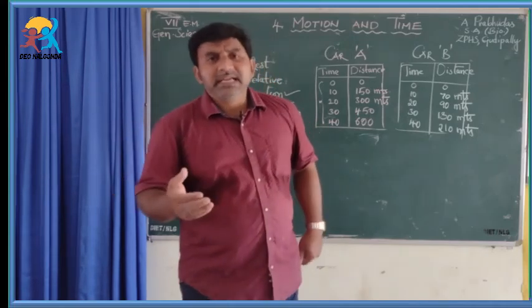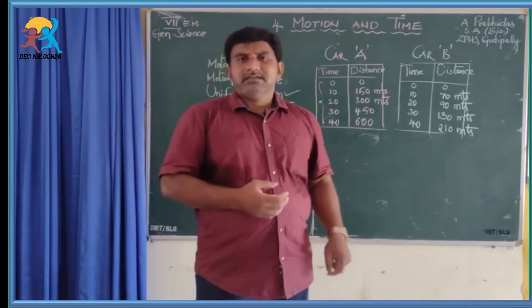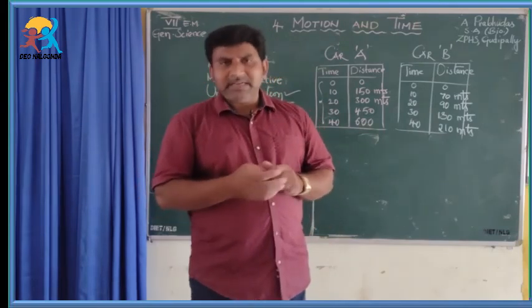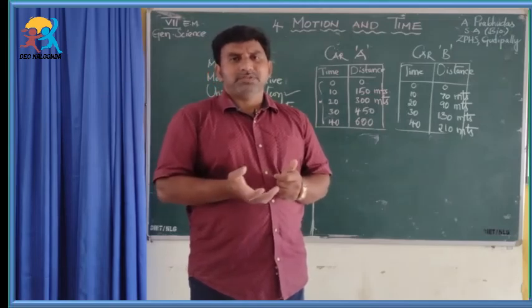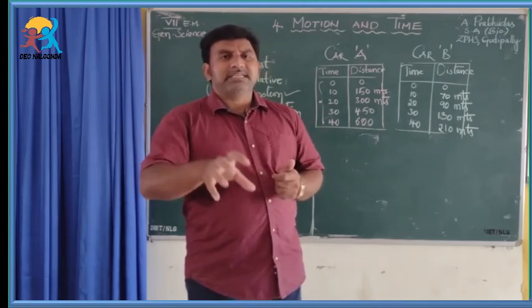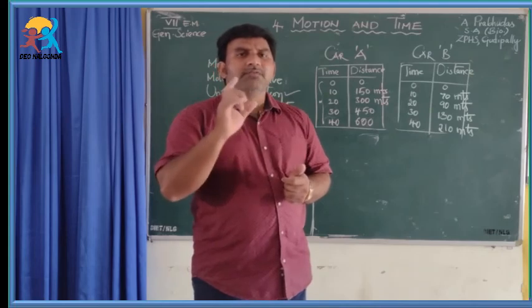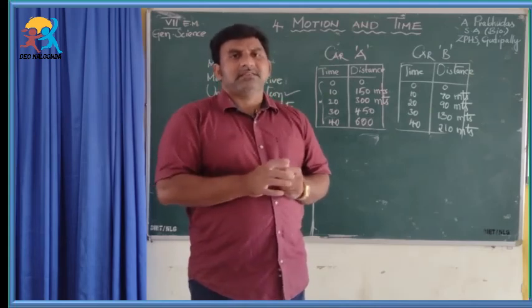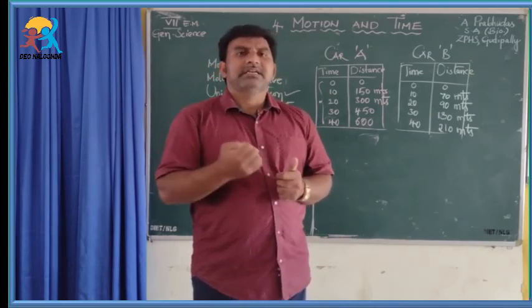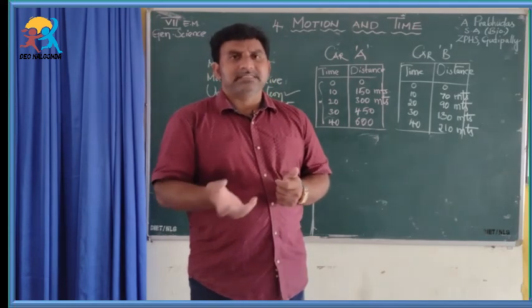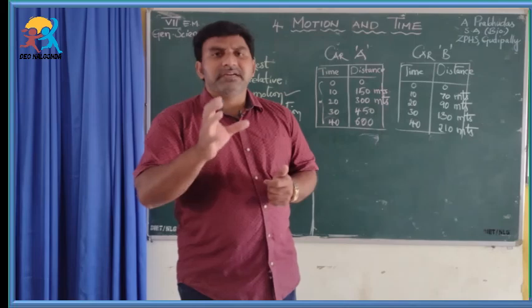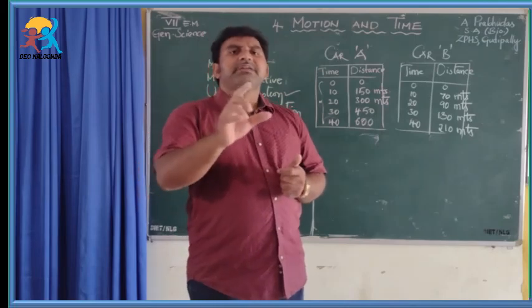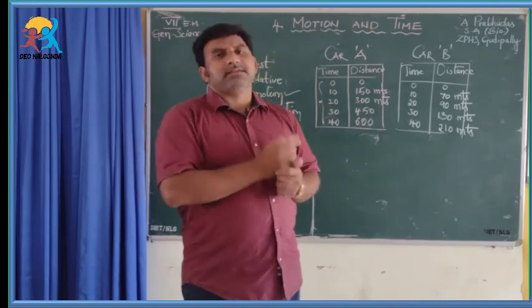Next, rotation of earth, and it would be better to ask you revolution of earth. So, what is the time taken by the earth to revolve around the sun? Yes, it is 365 days. So, after every 365 days, the earth completes one revolution.